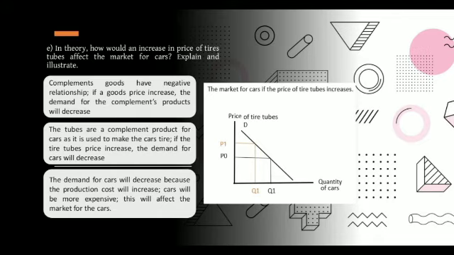The tubes are a complement product for cars as they are used to make the car's tire. If the tire tubes' price increases, the demand for cars will decrease. The demand for cars will decrease because the production cost will increase. Cars will be more expensive. This will affect the market for cars.